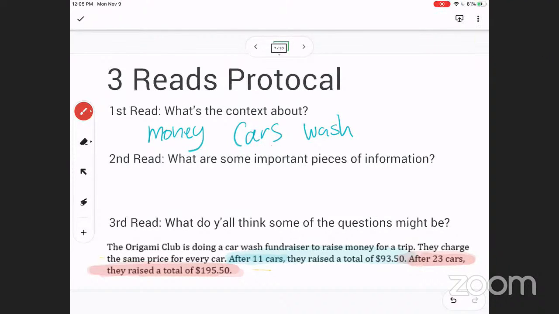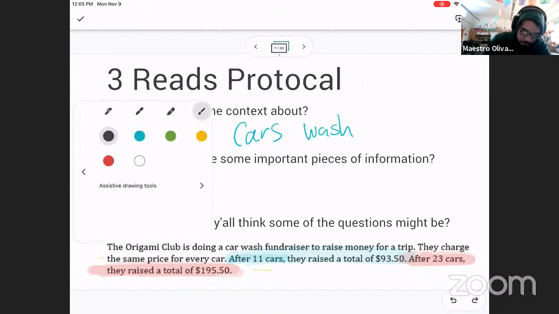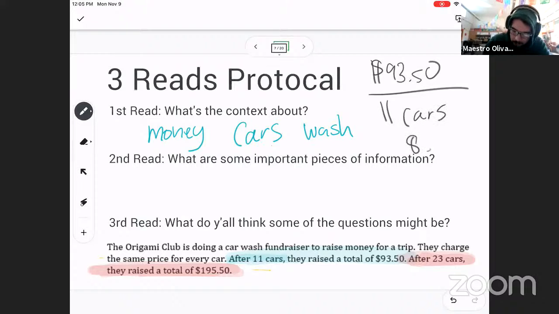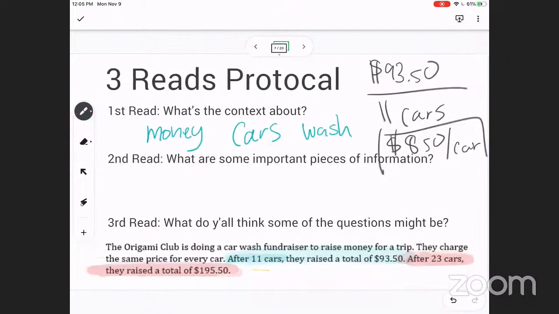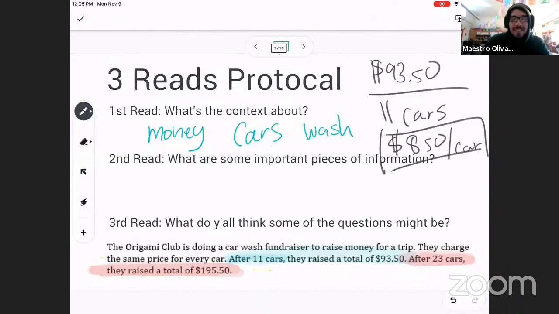Okay, so you did $93.50, and you divided it by 11 cars to get $8.50 por carro. That's perfect. $8.50 per car.